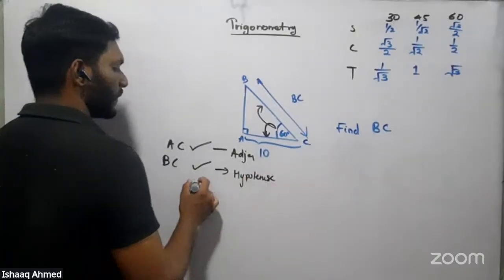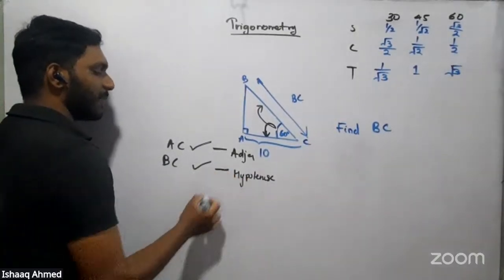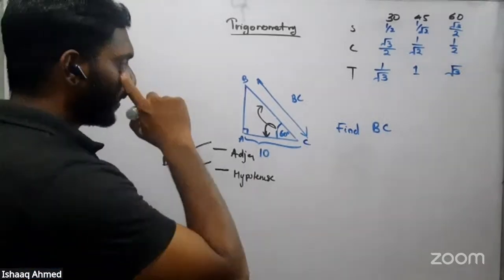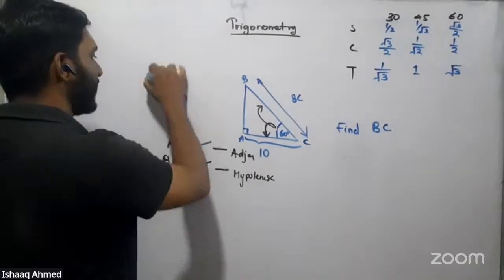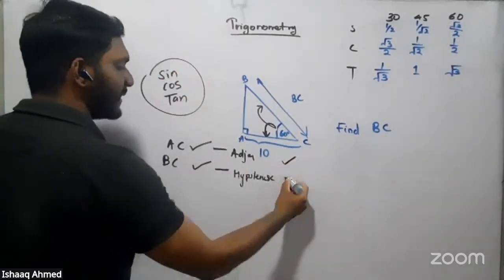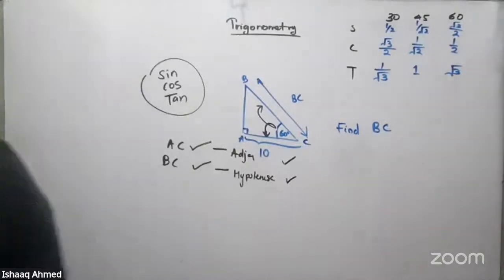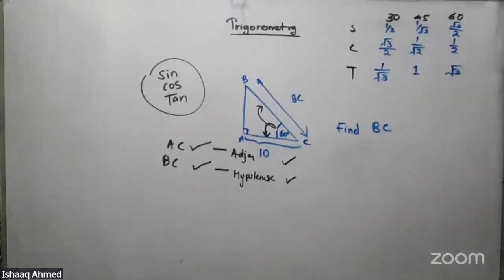BC is hypotenuse. Tell me which trigonometric ratio out of sine, cos, and tan has adjacent and hypotenuse in them.